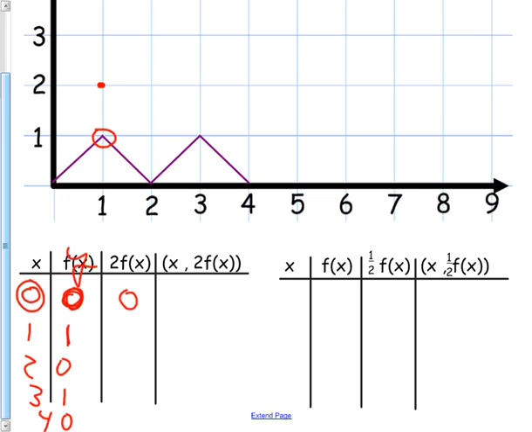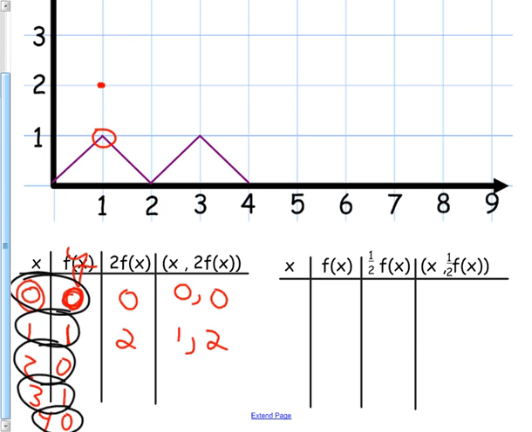So it's now 1, 2. Get that? This was 0, 0. What we're doing is taking the original points, which are all right here, and we are changing them and making the new points over here. Get what I'm doing here?